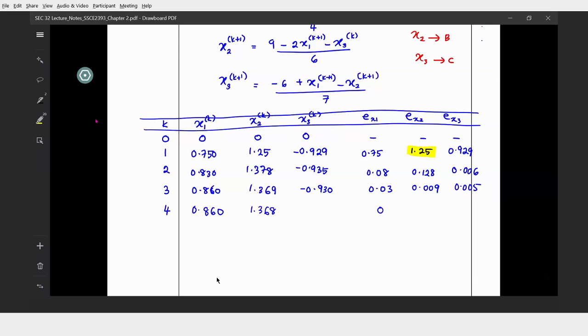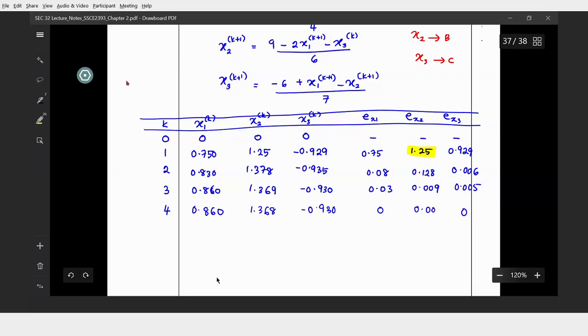Negative 0.93. Anyone can confirm? So most likely, okay, negative 0.93. Sama, yes, okay, good. So it means now, so the error is 0. For the second one, 0.001 lah.